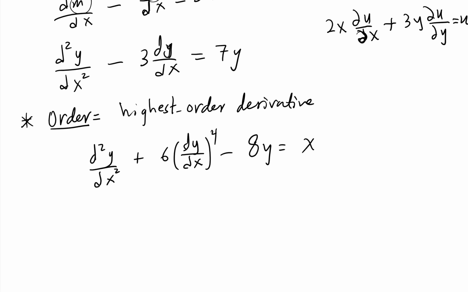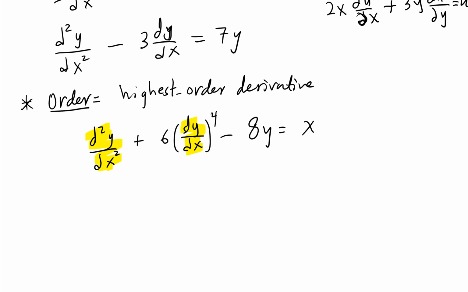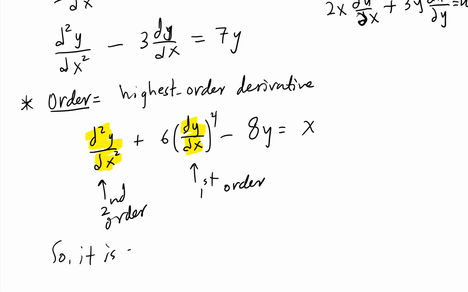The highest order derivative here: this one is 1, but this one is 2. So the first one is first order, the other one is second order. So it is a second order differential equation.